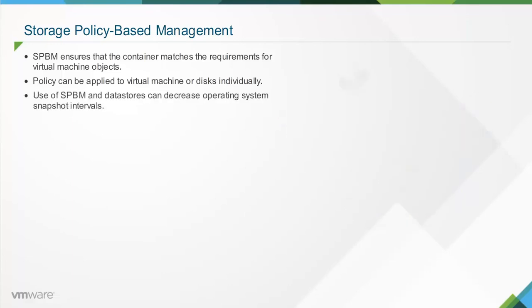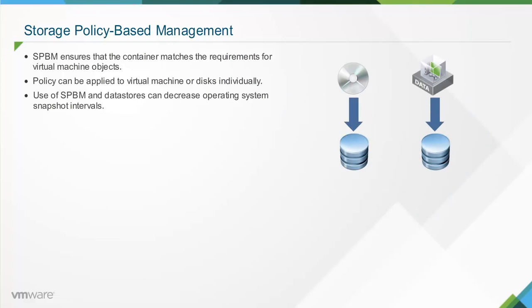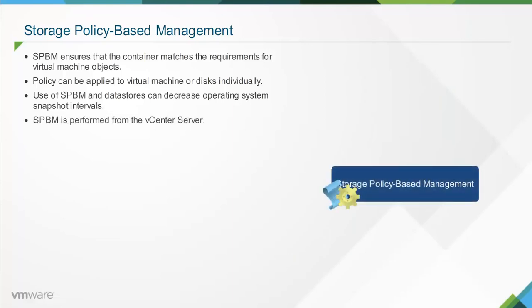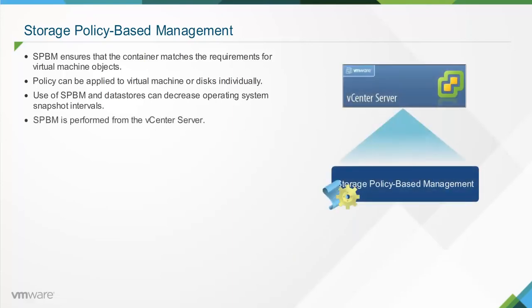By storing the operating systems and system data separately on different data stores and applying storage policies defining the required service level, snapshot intervals can be decreased for virtual machine operating systems with normal snapshot intervals for data. You can do this at per object level. Note that SPBM is performed from the vCenter server.